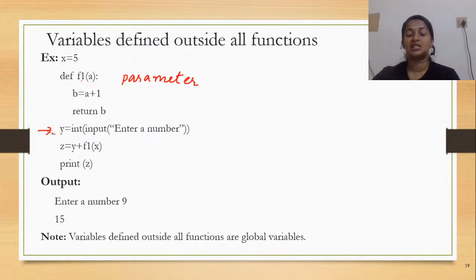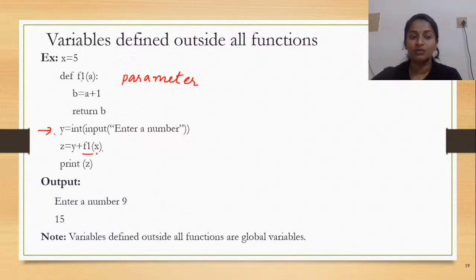Now what is the main asking you to do? You have to enter a number which is converted to integer and saved to the variable y. And then you have a computation, y plus f1 of x. This is an expression, and inside the expression you have a function call.